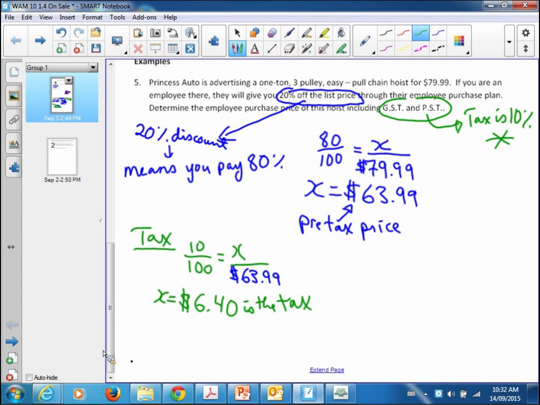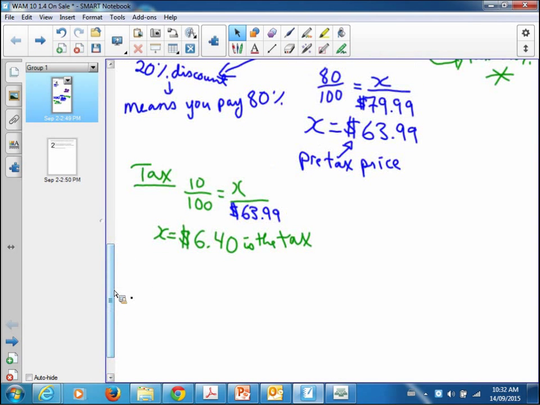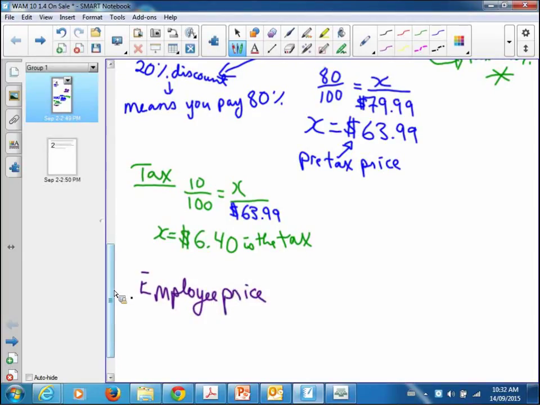That means the price, the employee price, how much does he pay? Equal to the pre-tax price, $63.99, plus tax, $6.40.